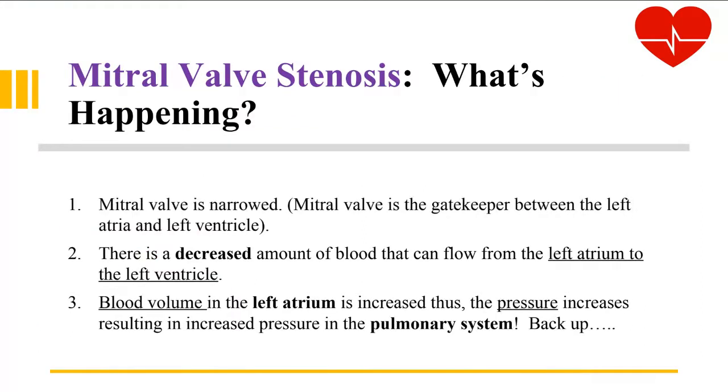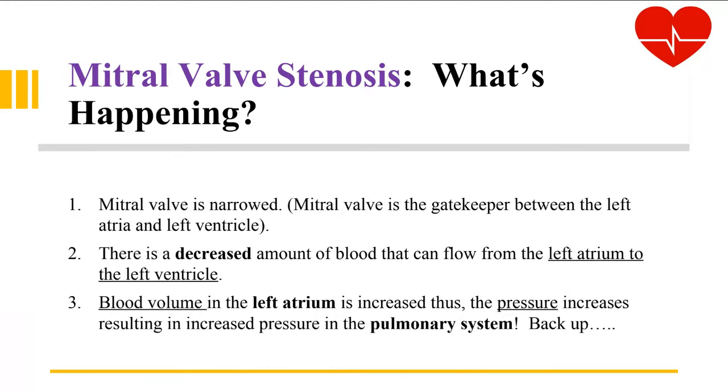So here, what's happening? The mitral valve, of course, is located between the left atria and the left ventricle, and it's providing, obviously, what we already talked about: oxygen to the body. The mitral valve is the gatekeeper between the left atria and the left ventricle. So as we already established, there's going to be a decreased blood flow from the atria to the ventricle, and blood volume will be decreased.